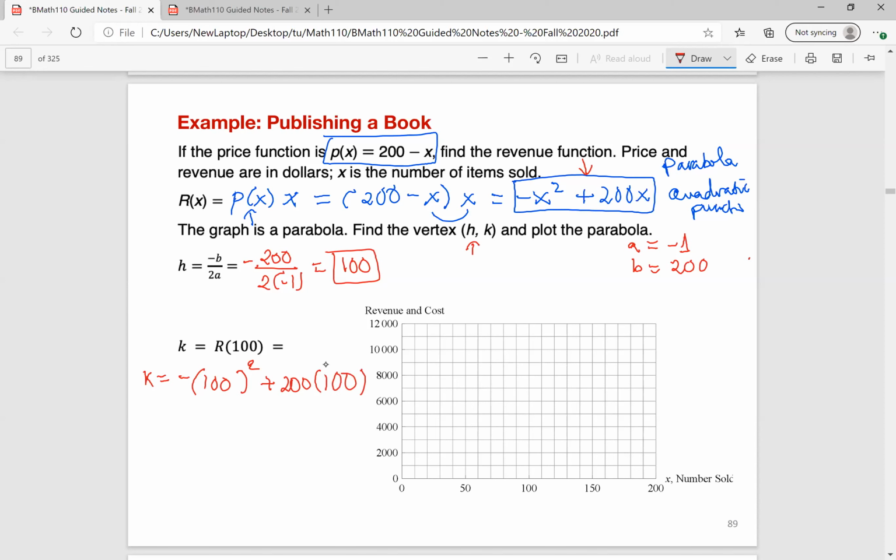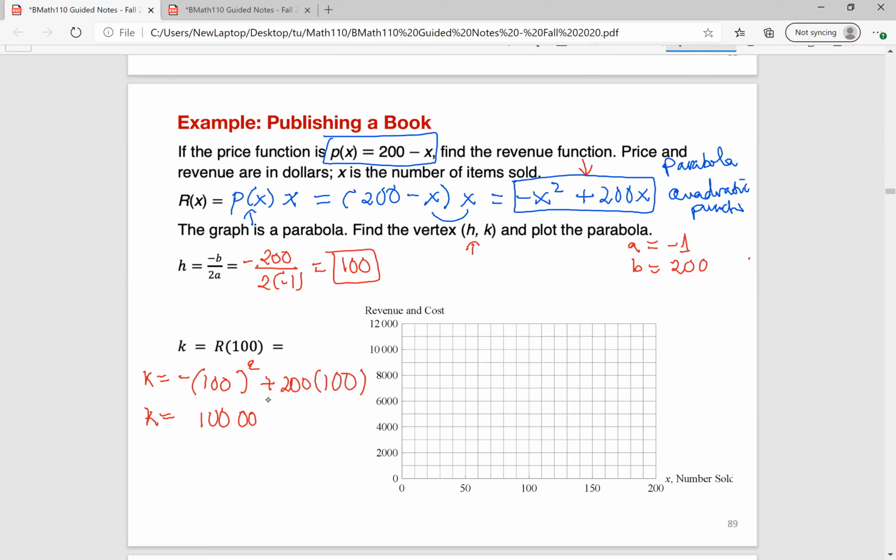Okay, now use a calculator. You should have k equal to, no, it's gonna be 10,000.